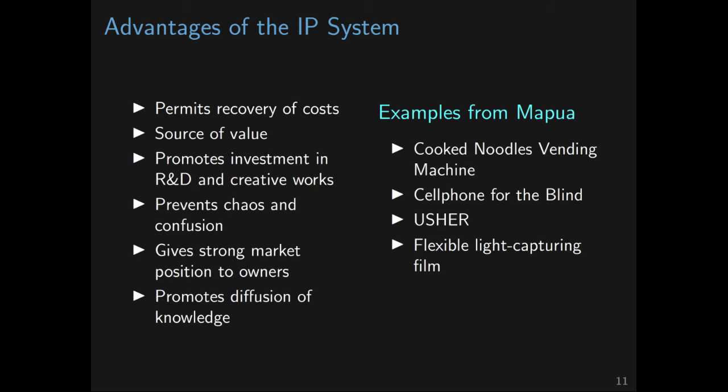They were able to recover the cost of their work when they sold the technology to Nissin Monde, a Japanese company. The cell phone for the blind was also built by a group of undergraduate students, and it was a source of value, not only cash value, but also prestige for the students and for the university.